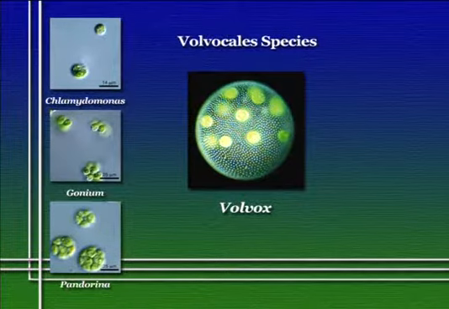There may be hundreds of cells forming this ball, and most importantly, some of the cells in this ball look distinctly different from other cells. Now, this group of algae, the volvocales, represents a particularly nice sequence of increasing colonial organization, from single-celled organisms to organisms that occur in very highly organized larger groups.